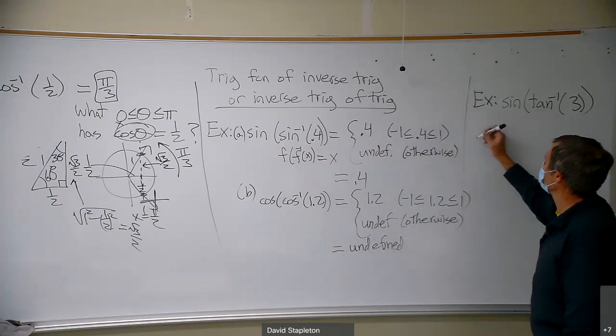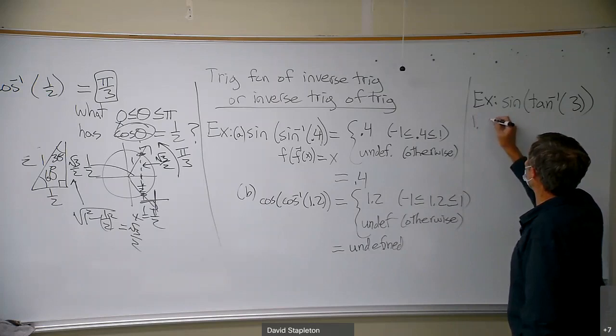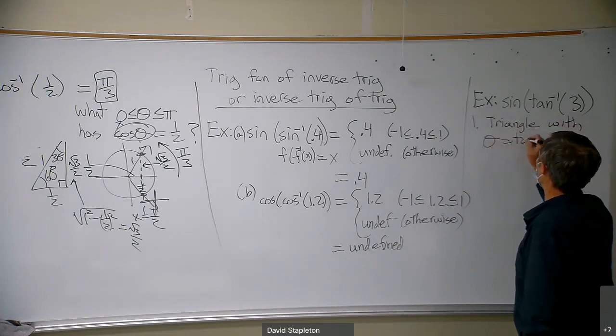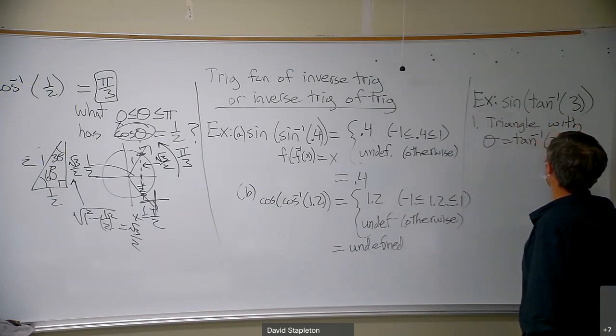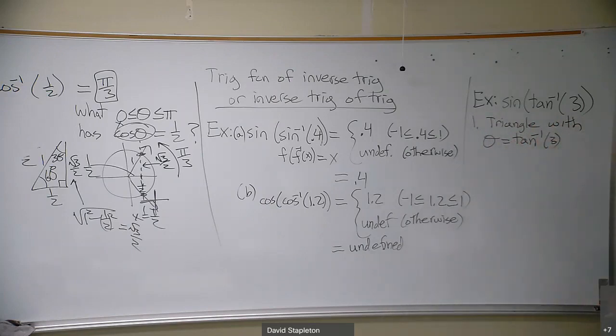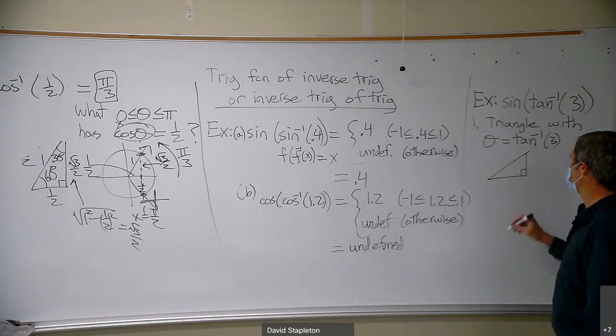This one, there's a 3-step method, right? Take the triangle with the inverse trig function you see. In this case, inverse tangent. I'll draw that. And you don't have to draw it accurately, actually. You just have to label it accurately.